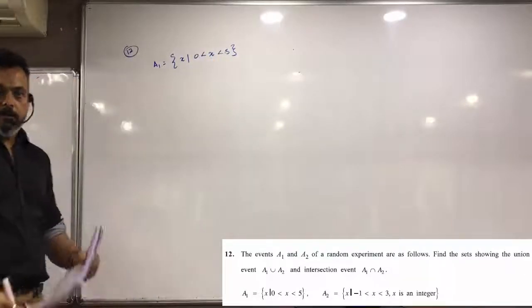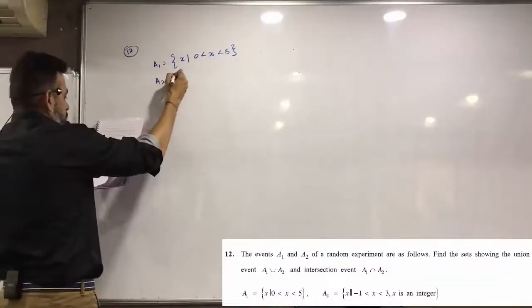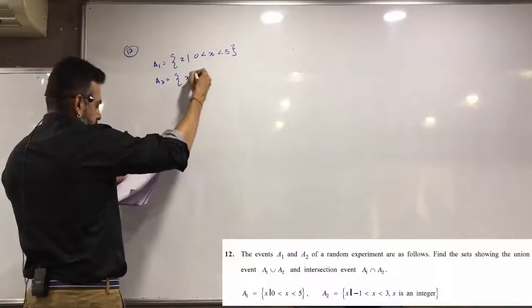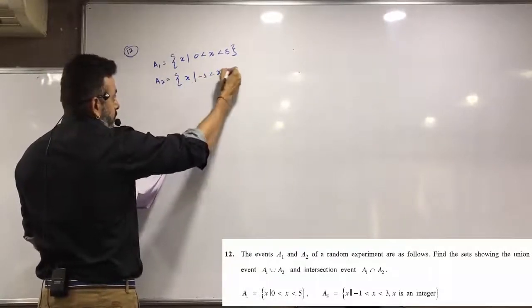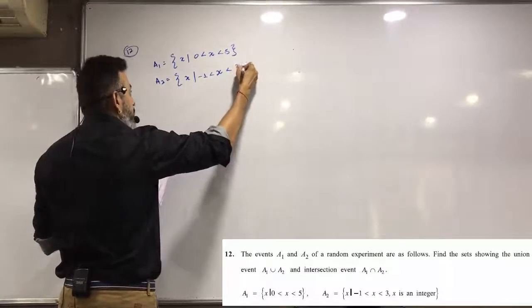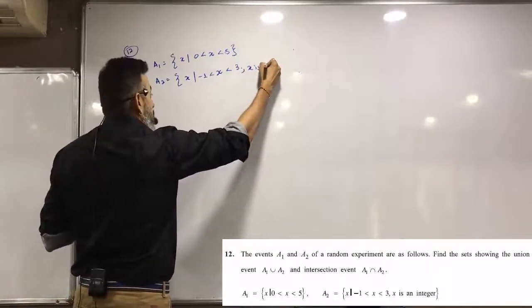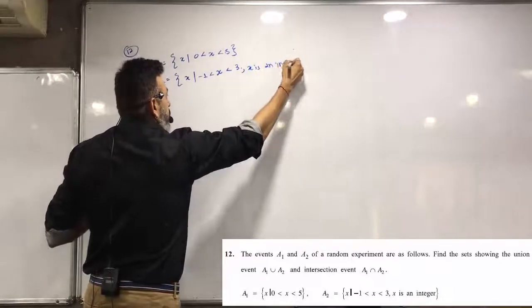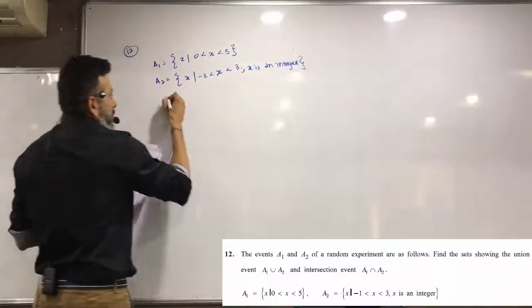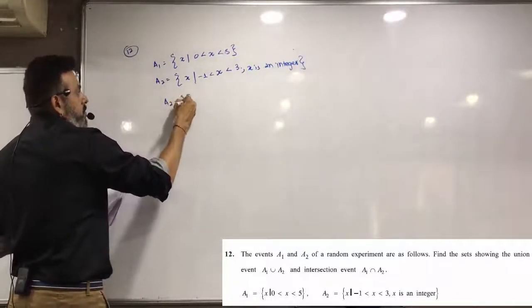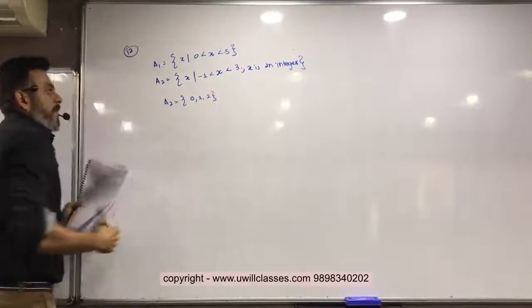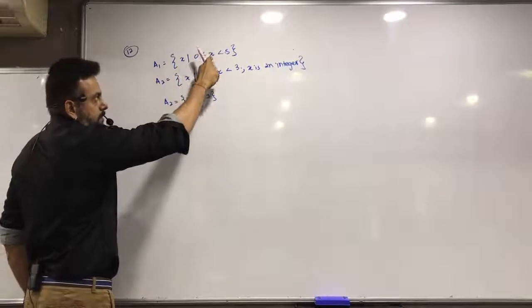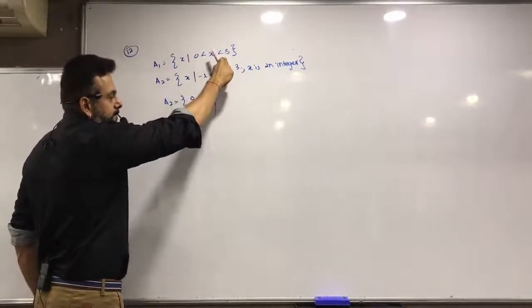Is this clear? Okay. Then A2 is X, where X is greater than -1, less than 3, but given X is an integer. So we write down A2 is equal to what? 0, 1 and 2.